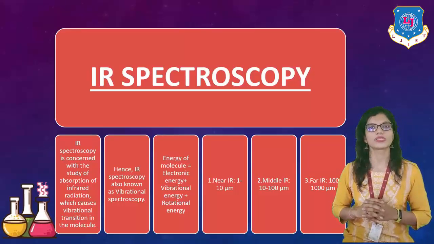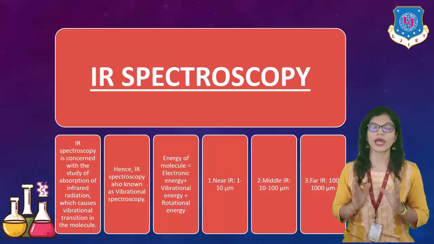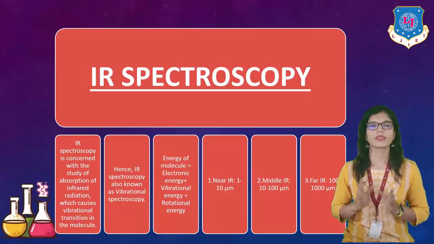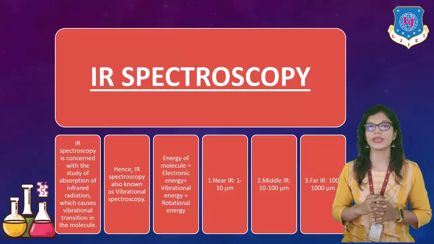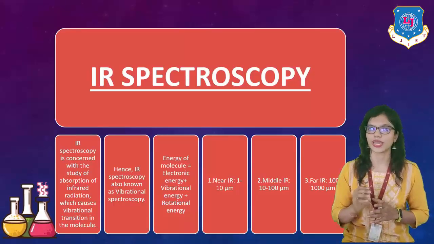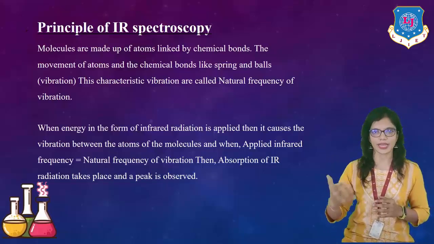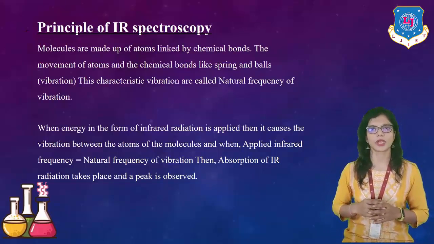Two different units can be used here for identification purposes. Number 1, micrometer. Number 2, centimeter inverse. These are the regions in which we can identify IR radiation, which can get emitted, which can get absorbed in that particular spectroscope.